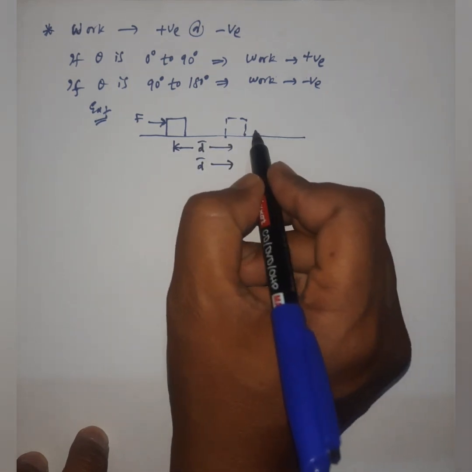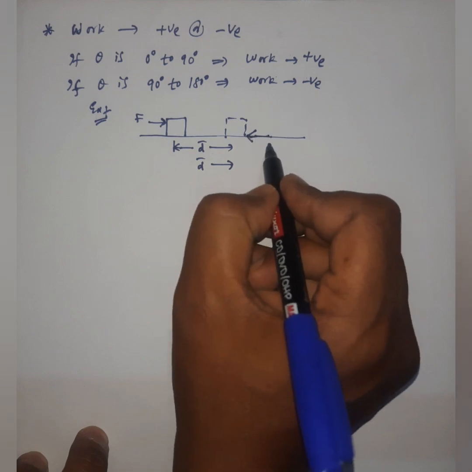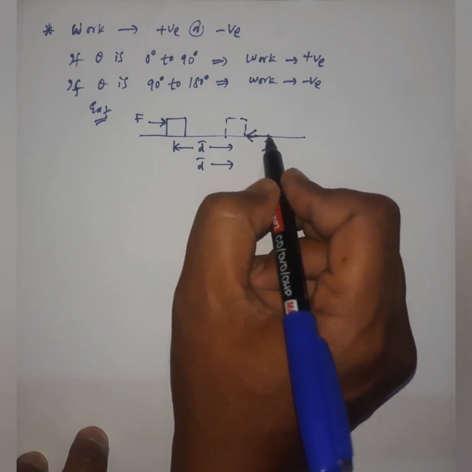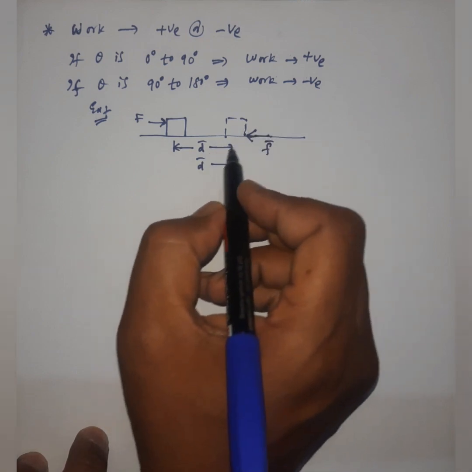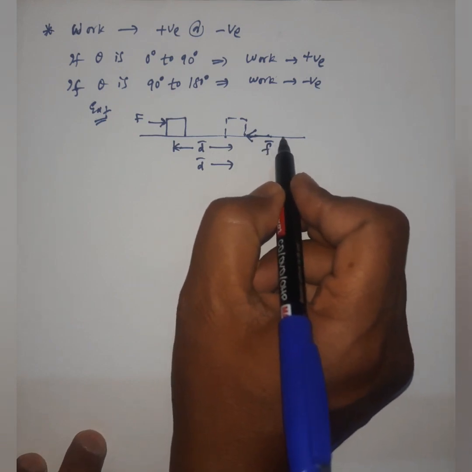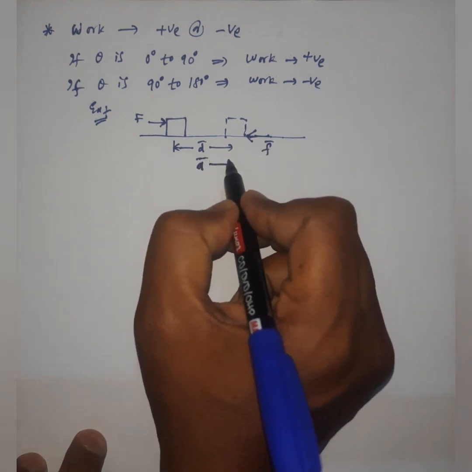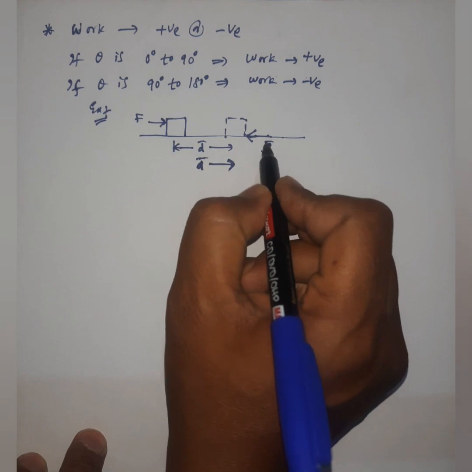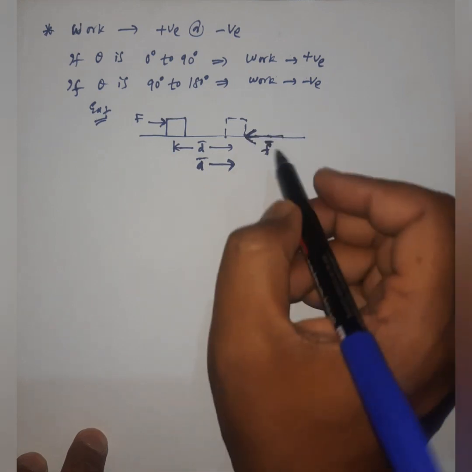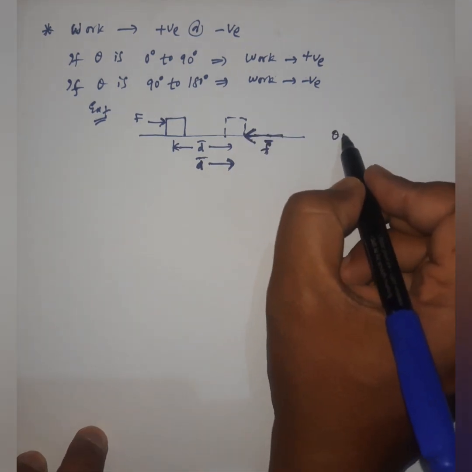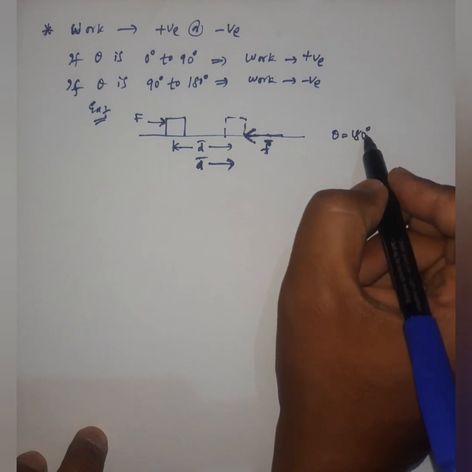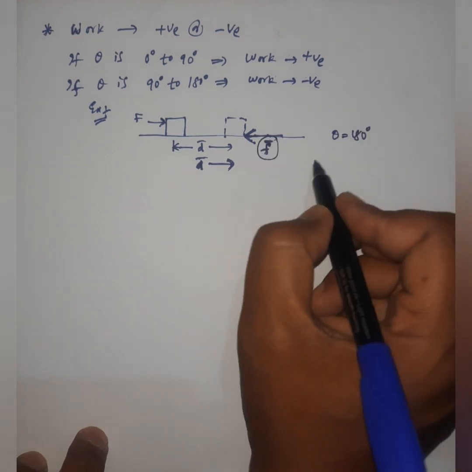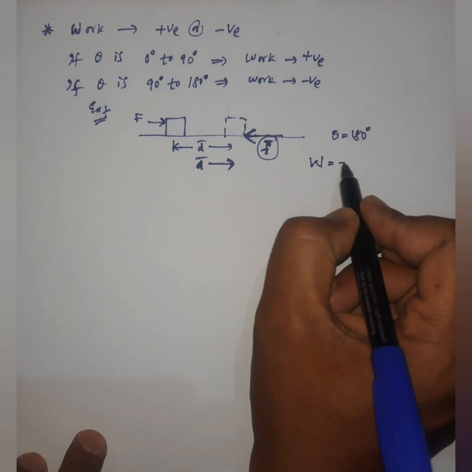The frictional force is in the opposite direction of the displacement. So both are in opposite directions. Here theta is equal to 180 degrees. So work done by the frictional force is negative.